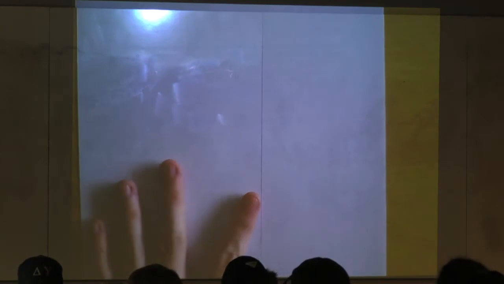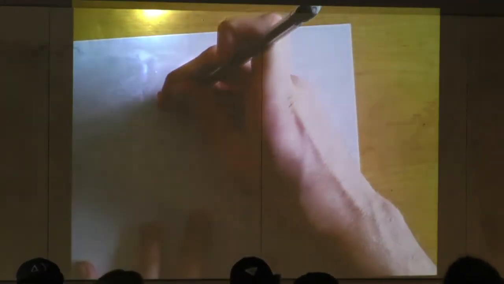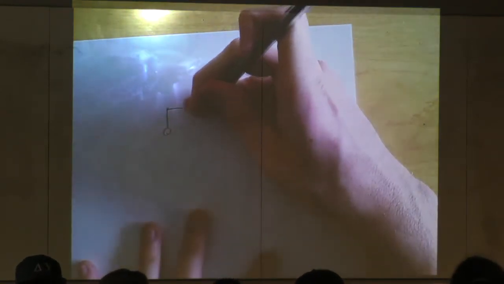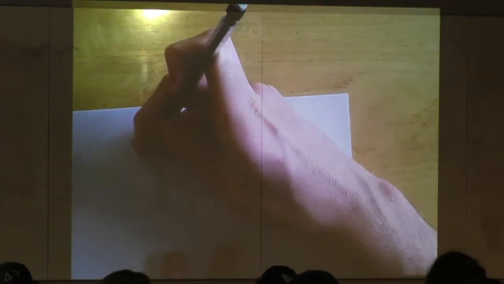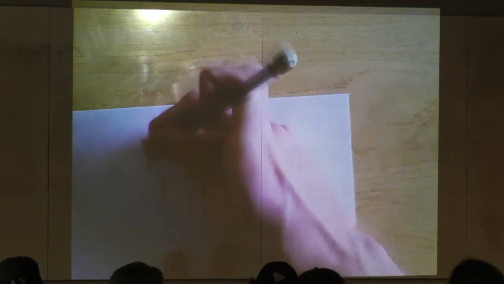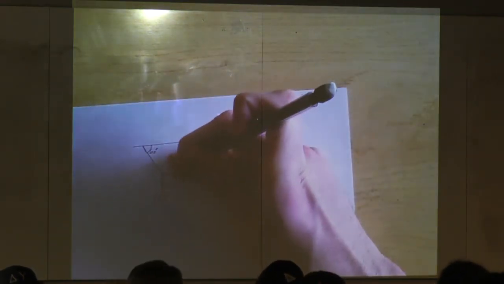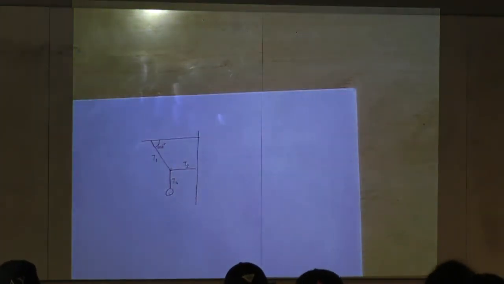Okay, so I'm going to redraw it really quickly. Okay, so let me just make sure I wrote everything the same.